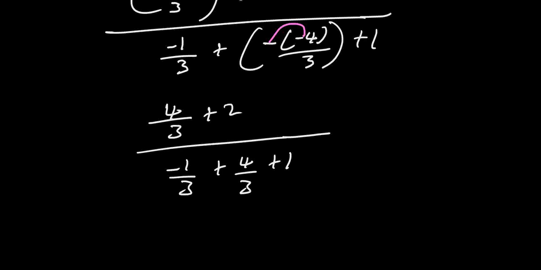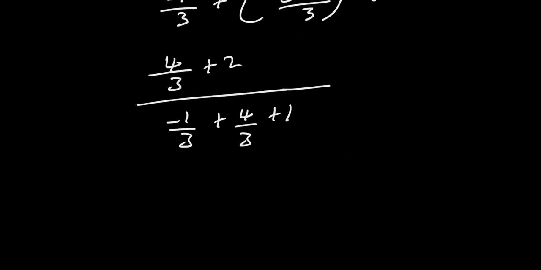So now the numerator, let's write this over 1, and this also over 1, and find the common denominator. You can multiply this by 3, and multiply this by 3.